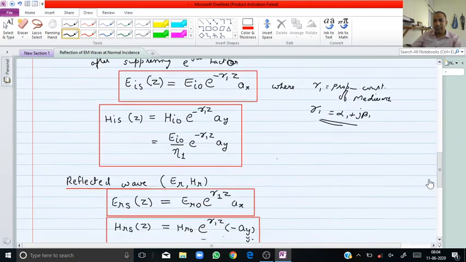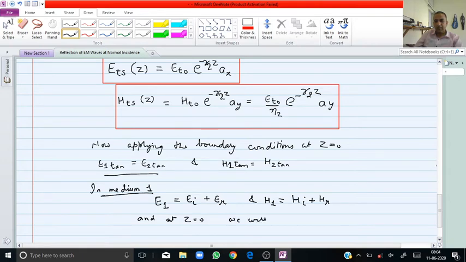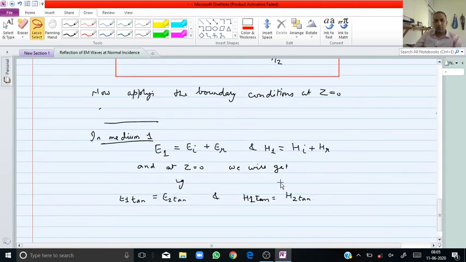So we can write the complete E in medium 1: E1 consists of E incident plus E reflected, and H1 will be equal to H incident plus H reflected, and at Z equals to 0 we will get this condition.